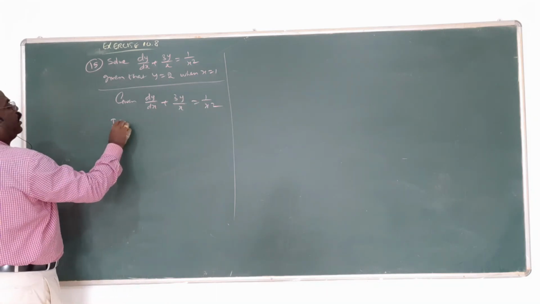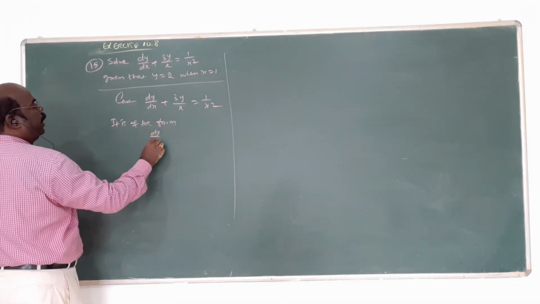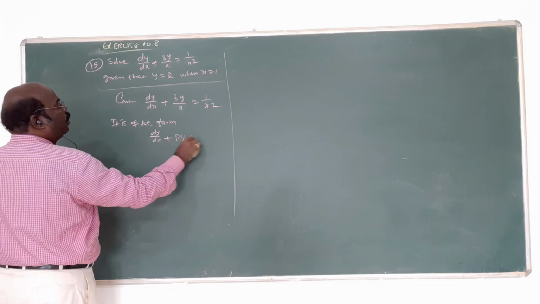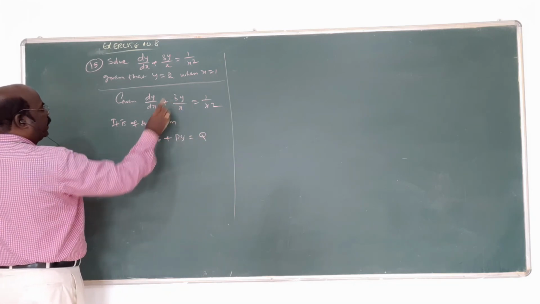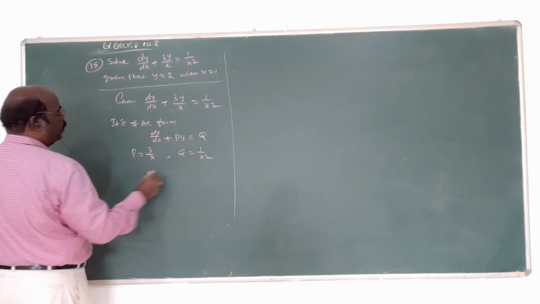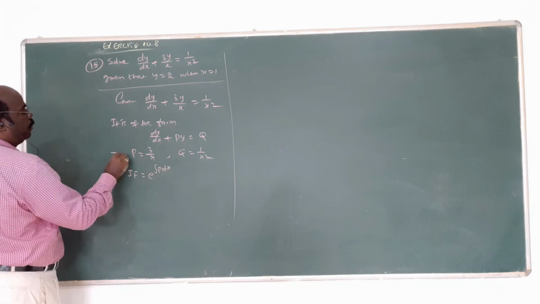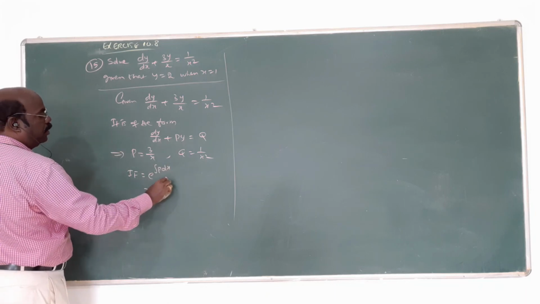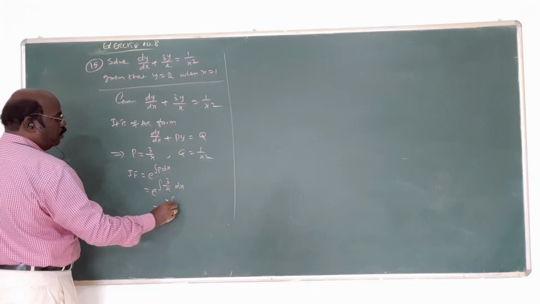The question is in the form dy by dx plus Py equals Q. Here P equals 3 by x, the coefficient of y, and Q equals 1 by x square. Now find I. What is the formula? e power integral of P dx. e power integral of 3 by x dx. e power 3, constant, integral of 1 by x dx.